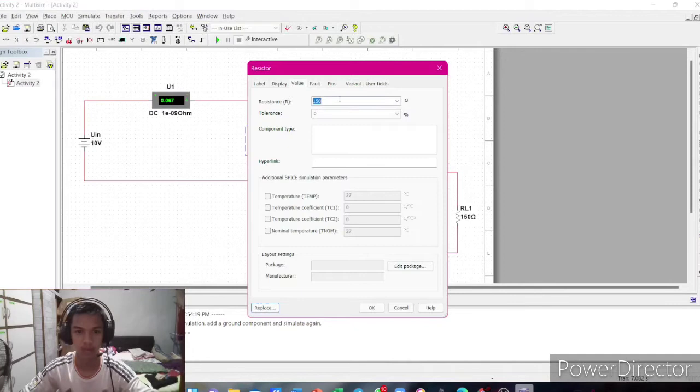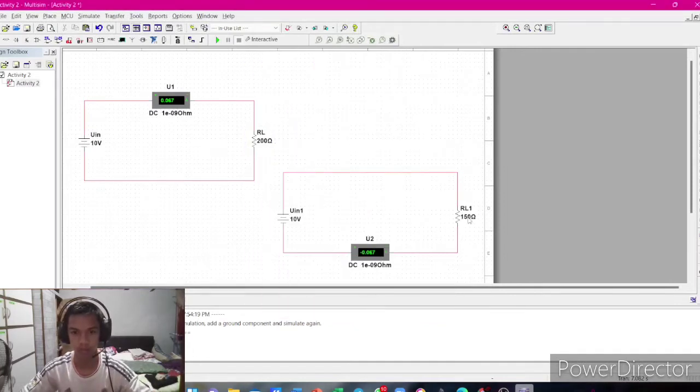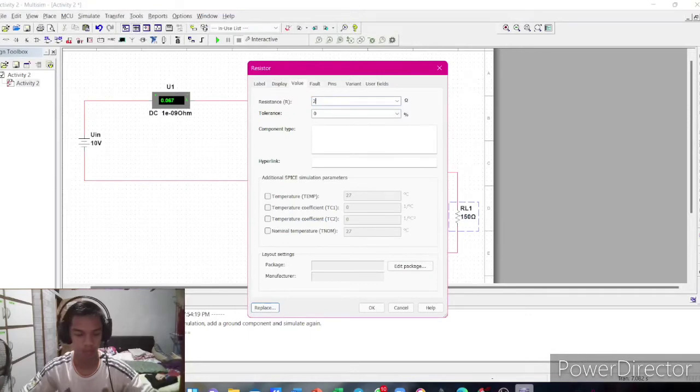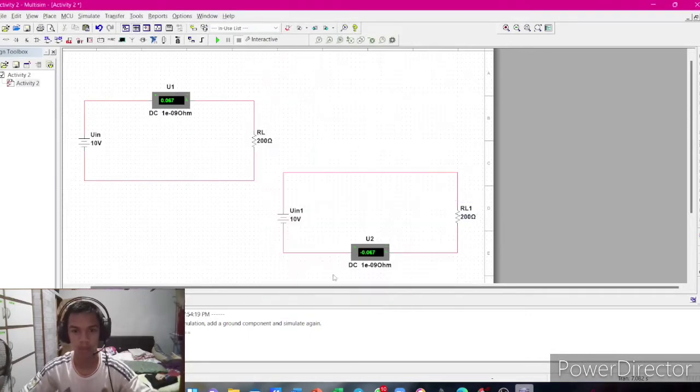For value 200 ohm, we get the value 50 milliampere. After load, negative 50 milliampere.